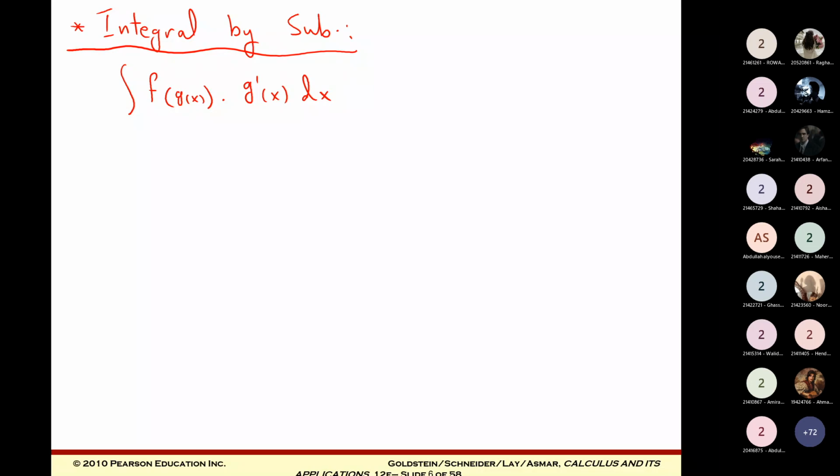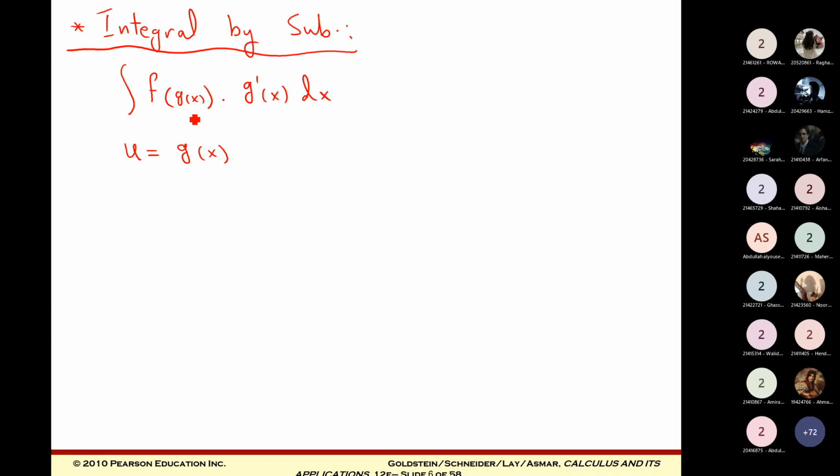Now, we need to convert this integral to another formula, just the integral of f of u du. First step, we need to let u equal g of x.